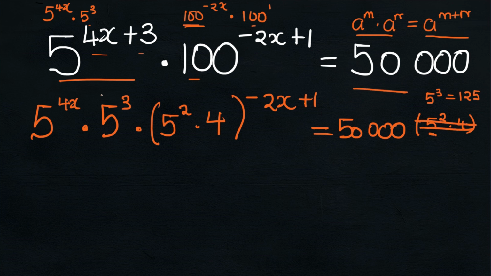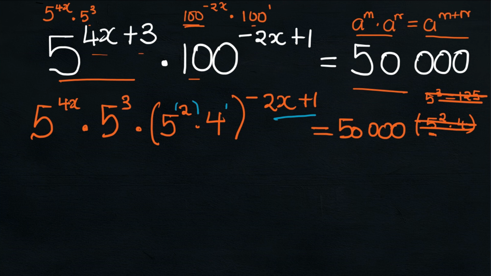Let me just cancel this for visibility purposes. So the next step will be multiplying the exponents of whatever we have within the brackets with the exponents that we have outside the brackets. So this is 4 to the power of 1, because we know that any number to the power of 1 is that number.